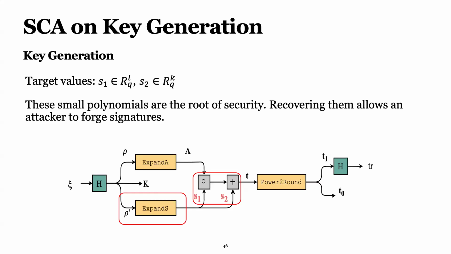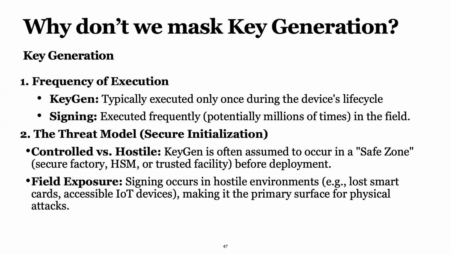I was mostly talking about signature generation, but key generation also uses secret information. But in digital systems or communication protocols, we don't do key generation that often. We generate keys once, and then use them for, let's say, 100 signatures. So catching key generation in an attack is not easy.